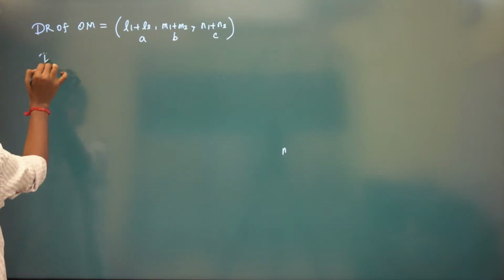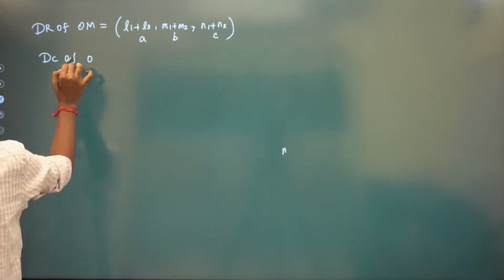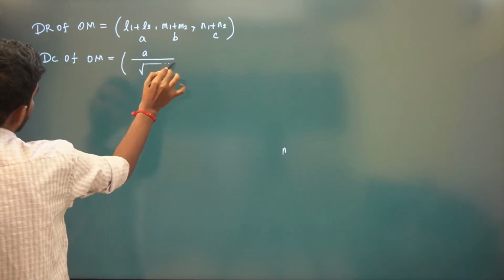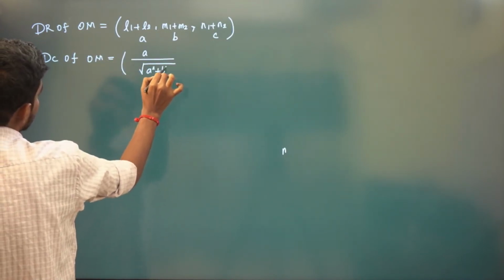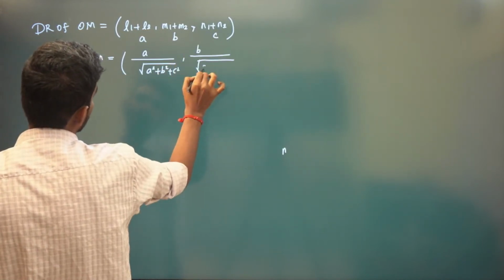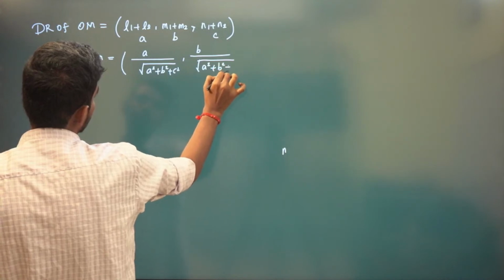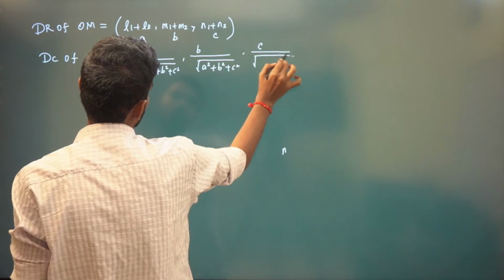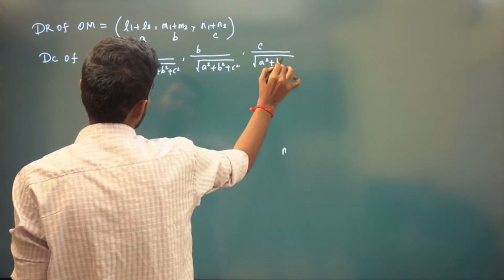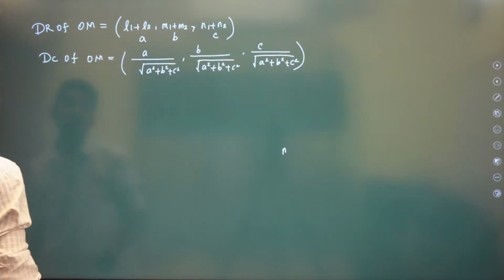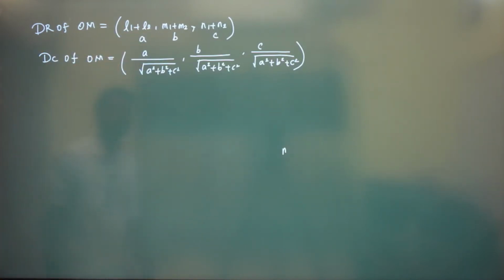What about the direction cosine? The direction cosine of OM will be, you have to normalize this. So A divided by root of A square plus B square plus C square, B divided by root of A square plus B square plus C square, C divided by root of A square plus B square plus C square, where A is L1 plus L2, B is M1 plus M2, C is N1 plus N2.